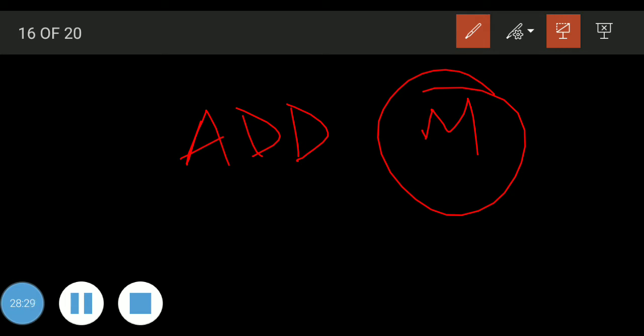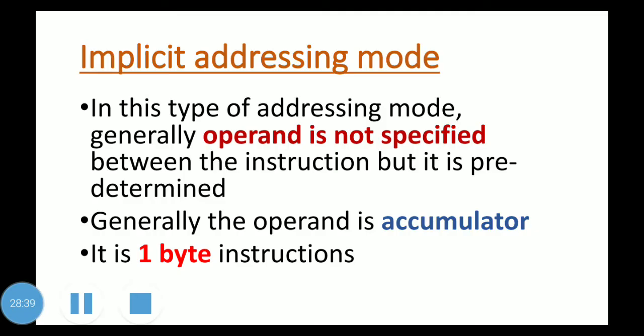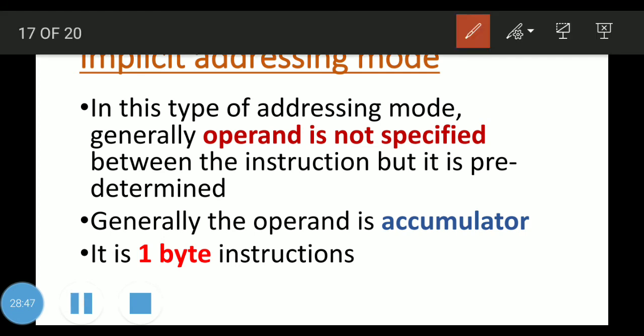If yes, then I am going to begin with the next type of addressing mode, which is implicit addressing mode. In the beginning I told you implicit addressing mode is also called implied addressing mode. The other name for this addressing mode is implied. If in the exam it is asked to write a note on implied addressing mode, then the answer is the same.